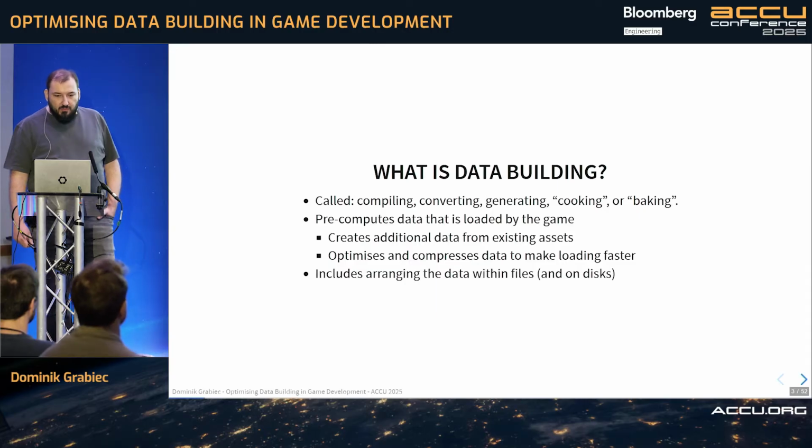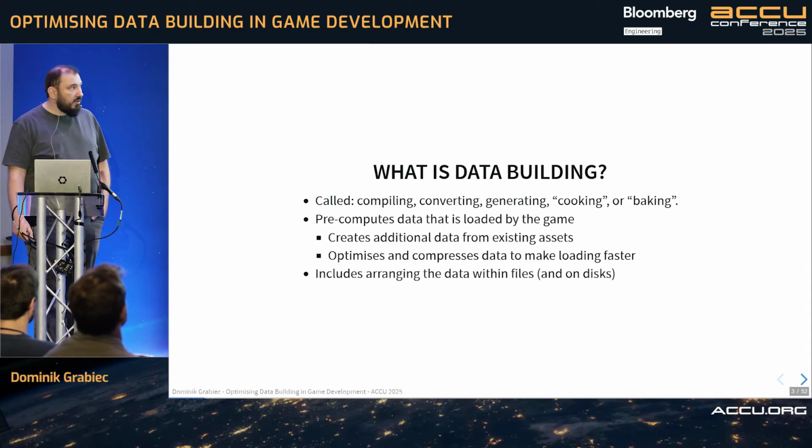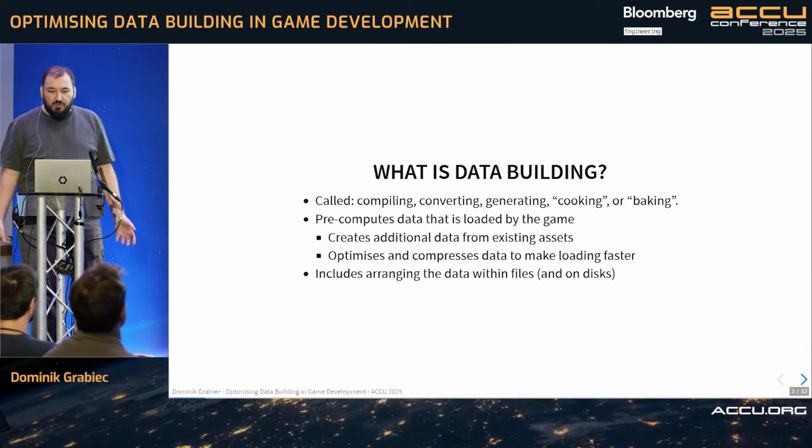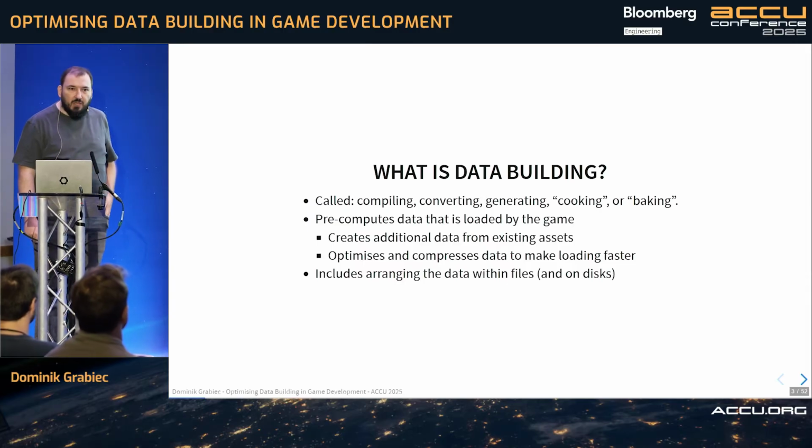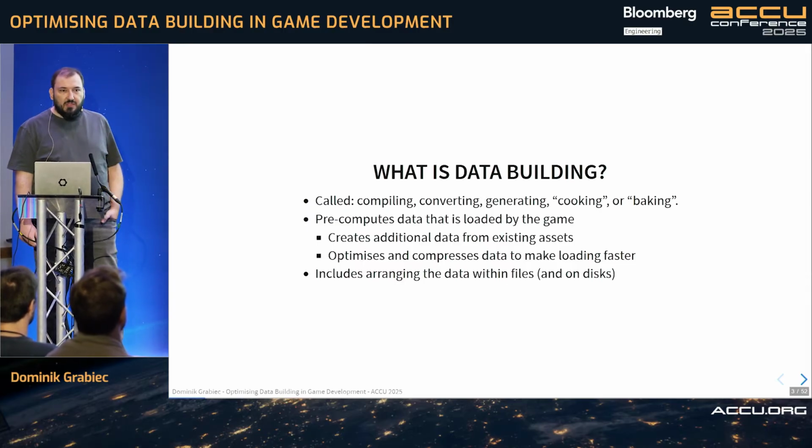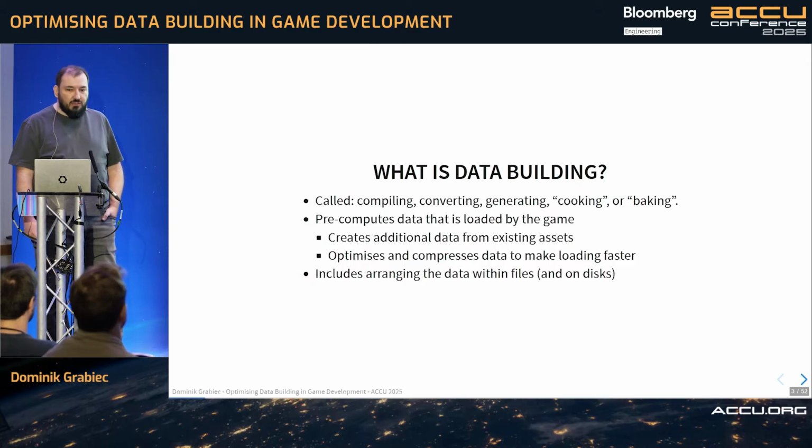We generally still pack things into bigger files, but it's not as important as it used to be when you ran the game on spinning hard drives or optical media, where the seek time was very significant. So you wanted to organize the data so you could load it sequentially instead of having to seek. But with SSDs and NVMe drives, seek time is effectively zero, so it's not as big an issue these days.